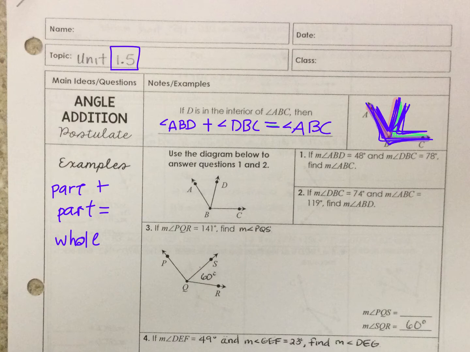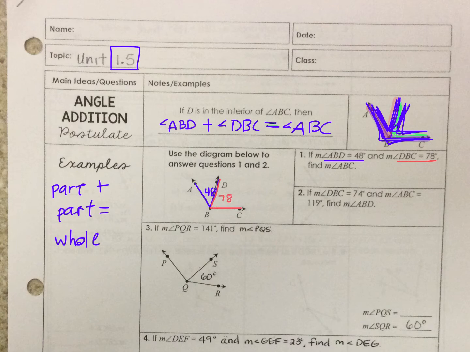Okay? So the best way, the only way to solve these equations is to write on the picture so we know what things are. This says ABD is 48. I'm writing it right in the middle because ABD is that angle right there. DBC is 78.